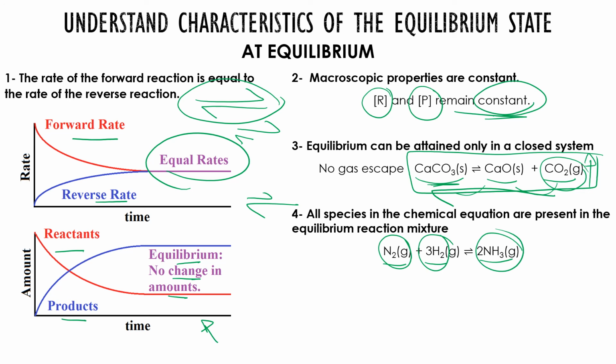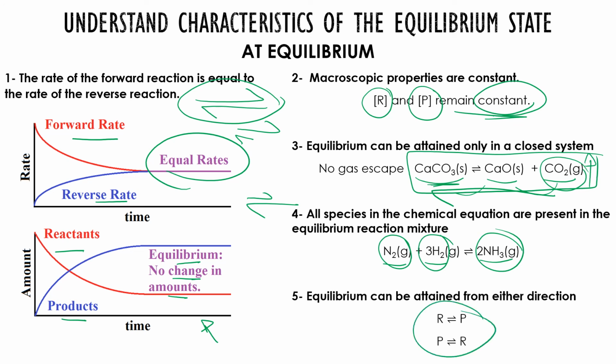If one of them escaped, we do not have equilibrium at this moment. Number 5: equilibrium can be attained from either direction. We have a reversible reaction, so it could be from reactants to products or from products to reactants.